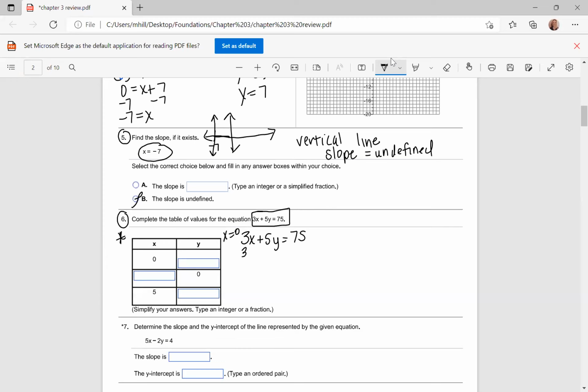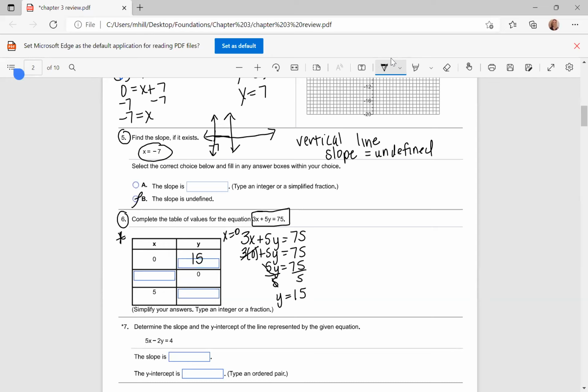So I'm going to say 3 times 0 plus 5y equals 75. 3 times 0 is just 0. So I end up with 5y equals 75. Going to divide both sides by 5. So those would cancel out, and we would get 75 divided by 5, which is 15. So y would be 15 here.